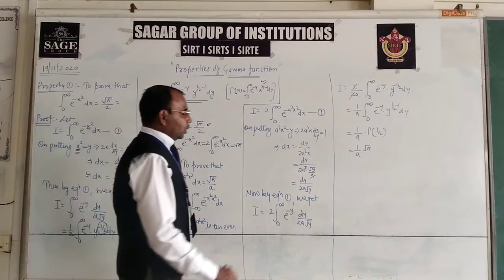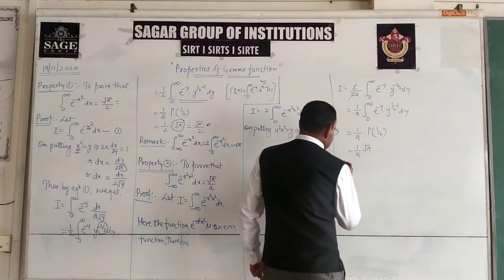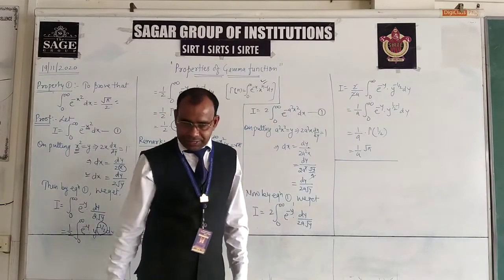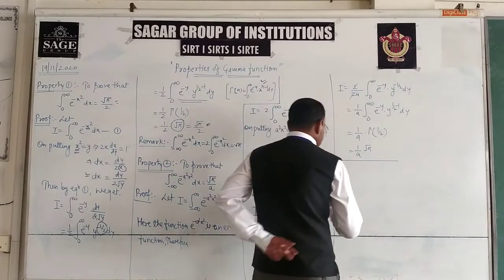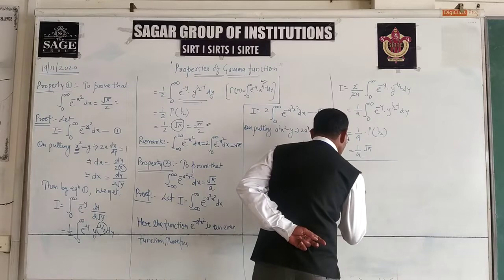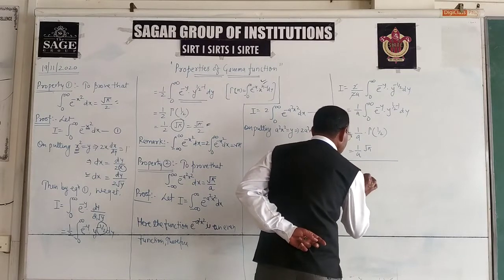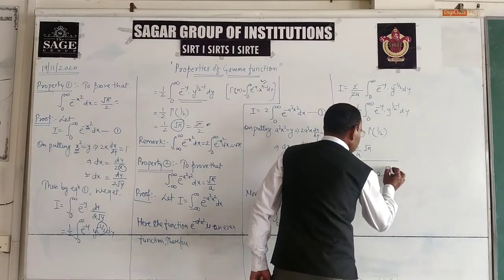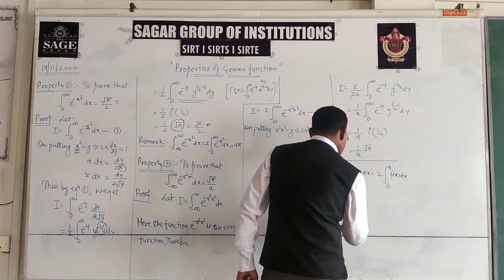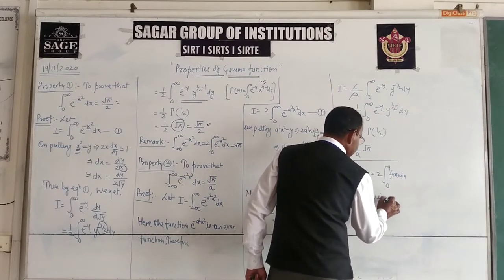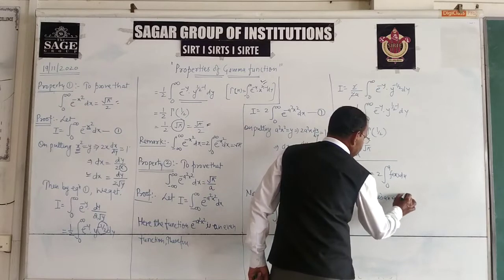We have already discussed an important property of definite integrals: the integral from minus a to plus a of f of x dx equals 2 times the integral from 0 to a of f of x dx, where f of x is an even function.